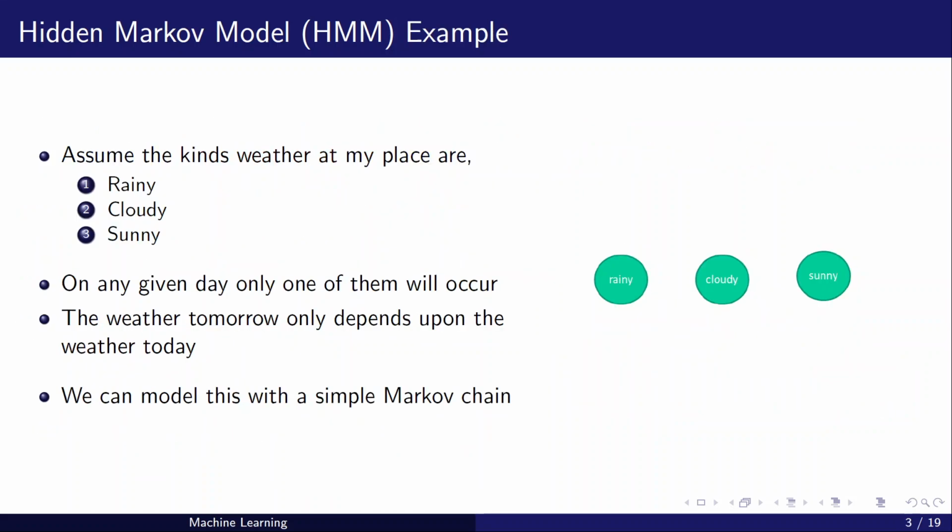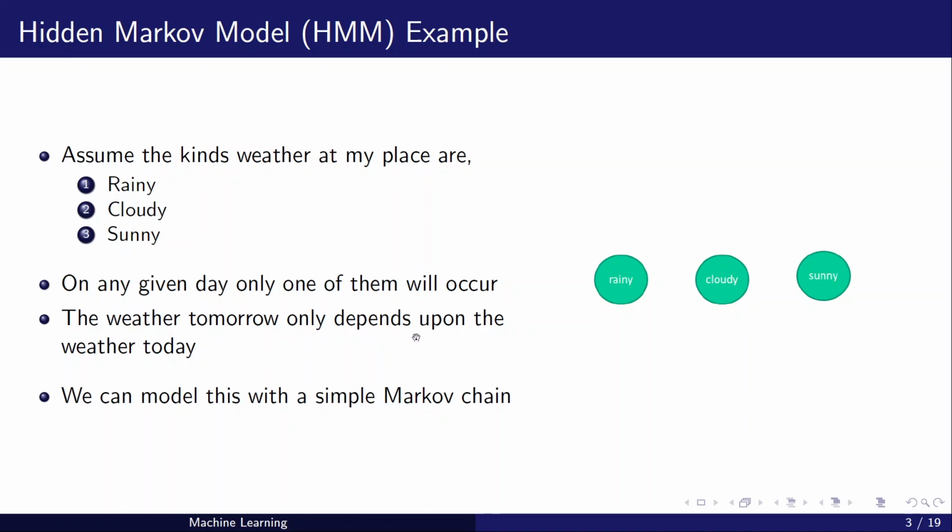Let's look at an example. Assume the kinds of weather at my place are rainy, cloudy and sunny. On any given day, only one of them will occur. So let's say we are trying to model this as a Markov model. We can have states like rainy, cloudy and sunny, and the weather tomorrow depends only upon the weather today.